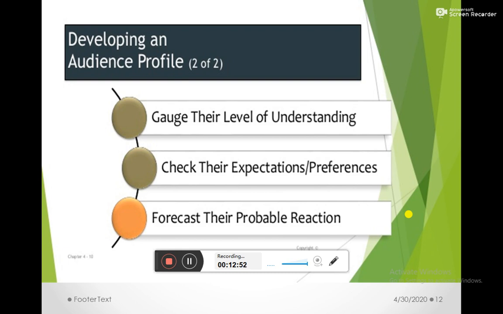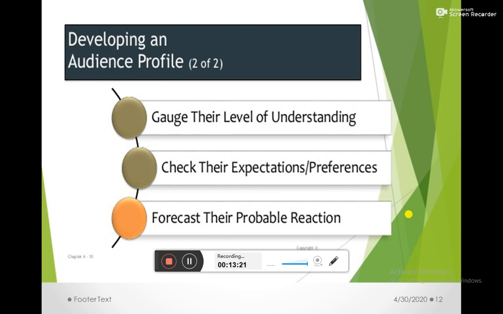If you look at the last point, forecast their probable reaction. It means, as you will read later in this chapter, the way you organize a message should depend on the reaction you expect to get from your audience.